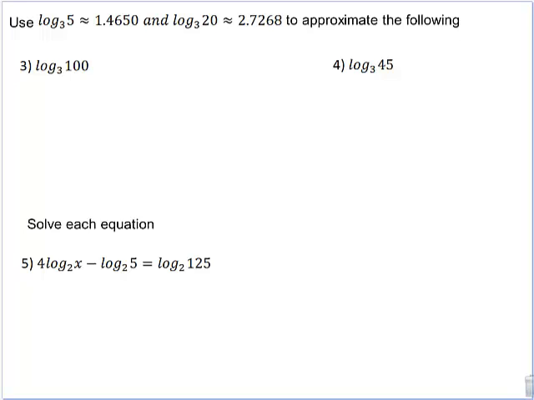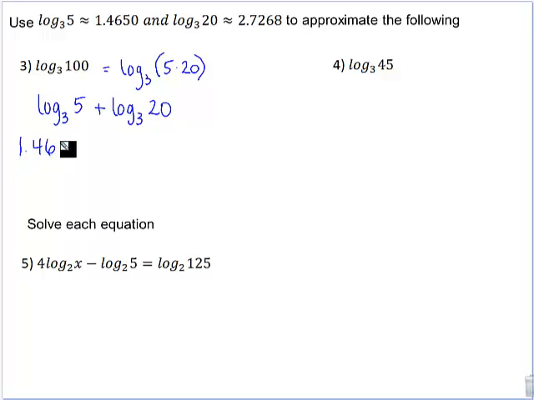Okay, so you could multiply what? All right, so log base 3 of 100 would be the same thing as log base 3 of 5 times 20. And then what does our property say when we are multiplying there? That we end up adding. So this is the same thing as log base 3 of 5 plus log base 3 of 20. And then we know log base 3 of 5 and log base 3 of 20, so we just add them together.